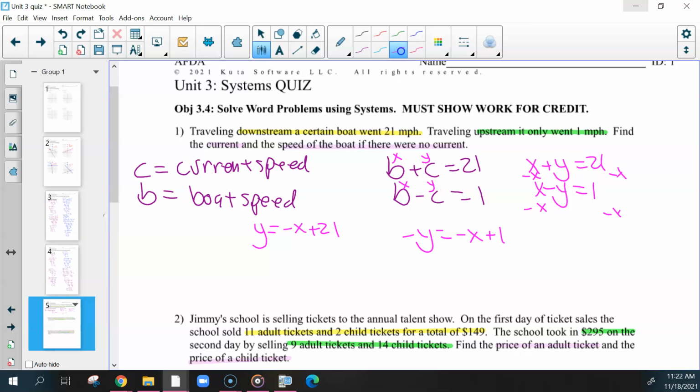I have to divide everything by negative 1 to get y equals x minus 1. We would put those two in our calculator in y equals: negative x plus 21 and x minus 1.